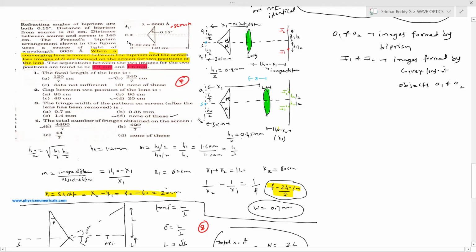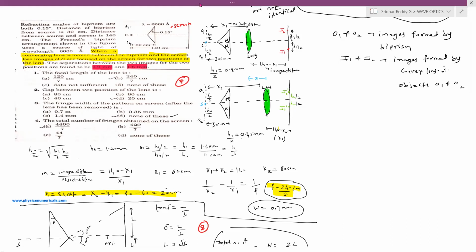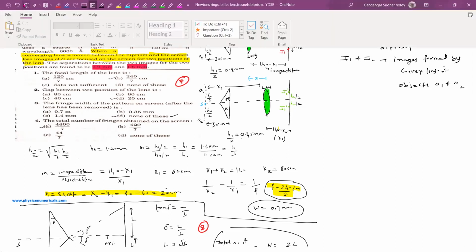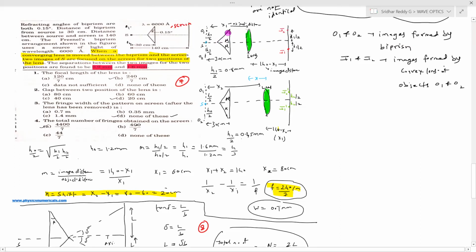Okay, let's get into the concept here. Look at this one now. There's a biprism. Able to notice this? Where does the biprism form the image of the source? At O1 and O2.